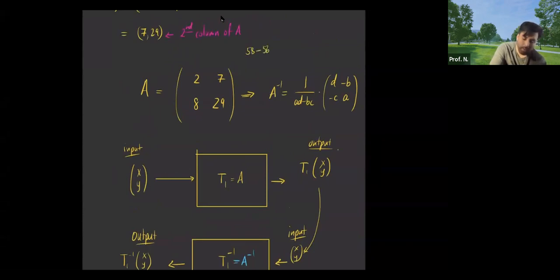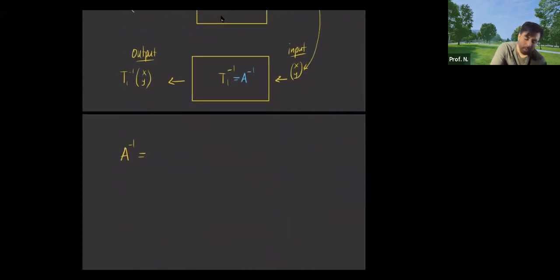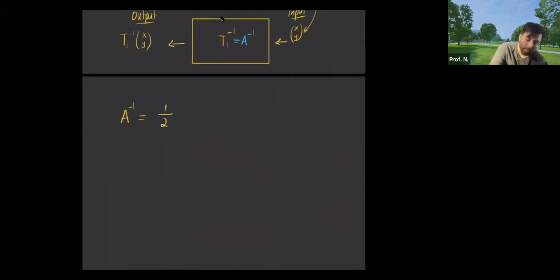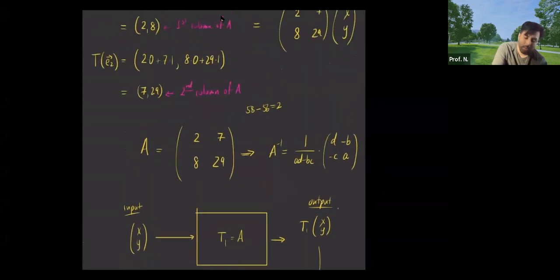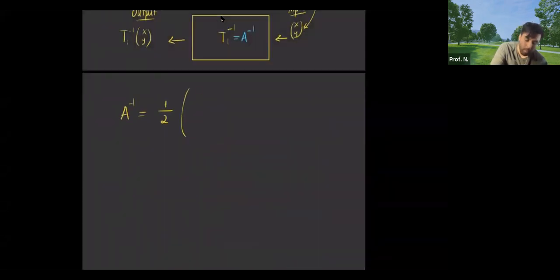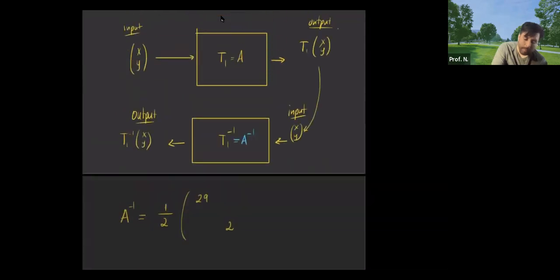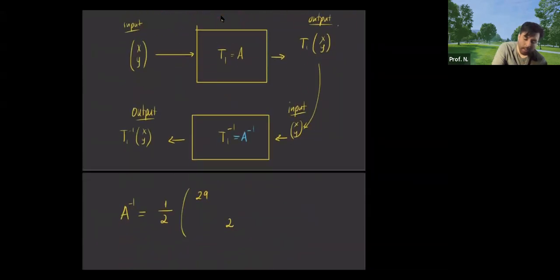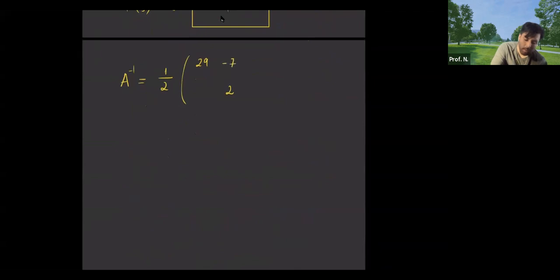Subtract 56, so it's 2. So A inverse is 1/2, and then you switch the diagonal entries, which is 29 and 2, and you negate the 7 and the 8. Got it?